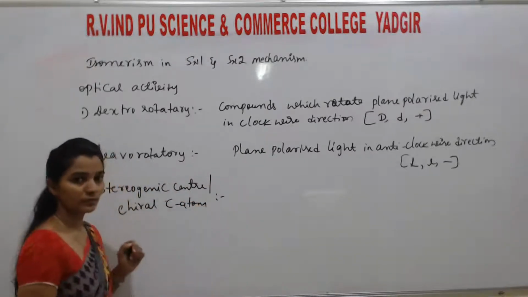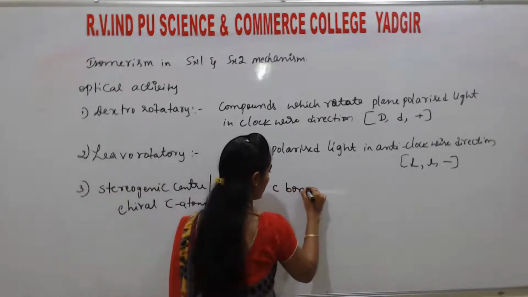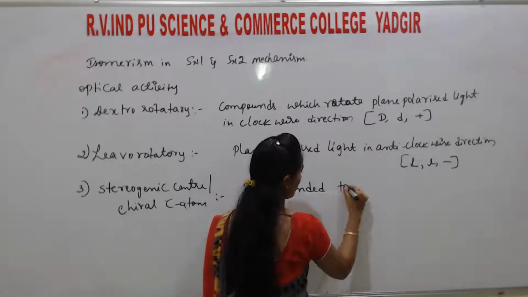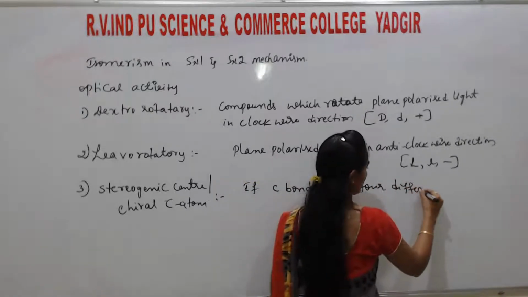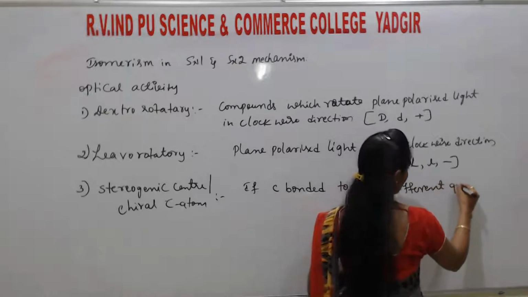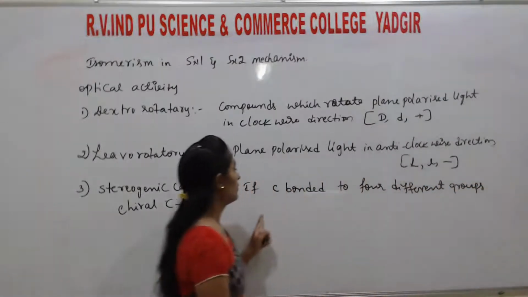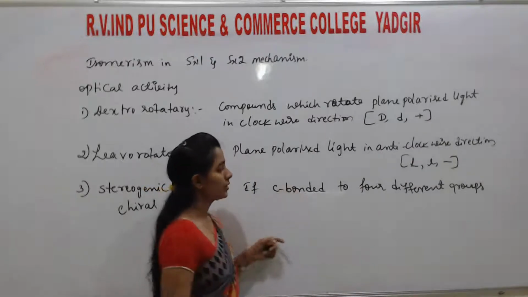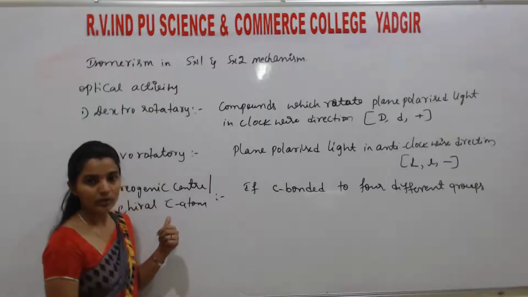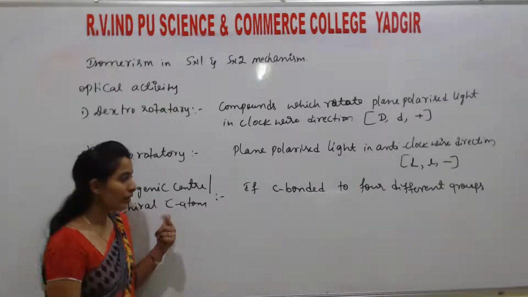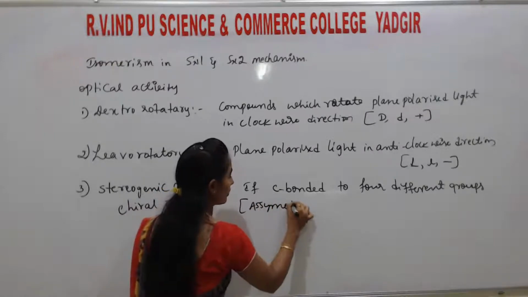It is a carbon bonded to 4 different groups. If a carbon is bonded to 4 different groups, then it is called a chiral carbon, or you may simply write asymmetric carbon atom.